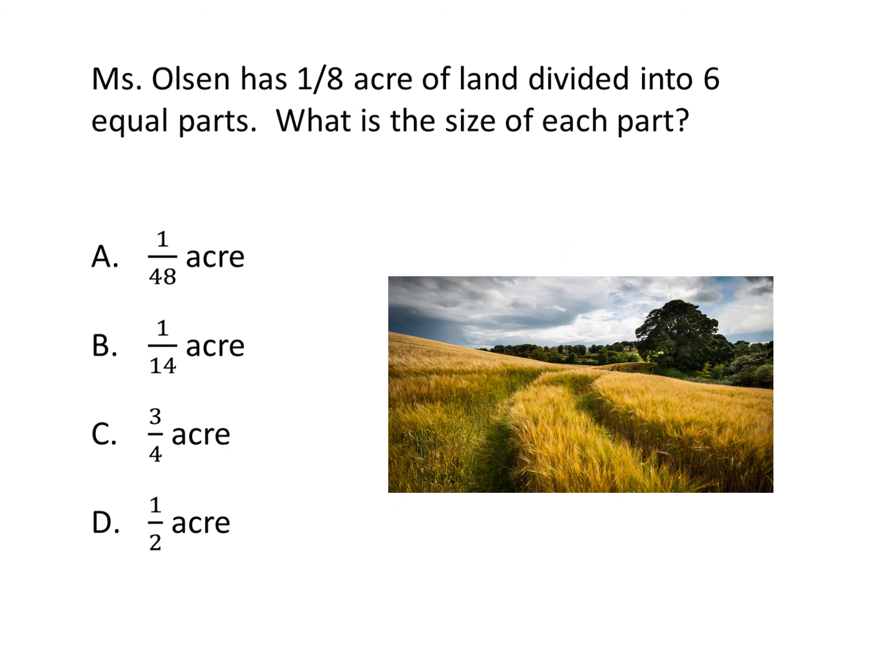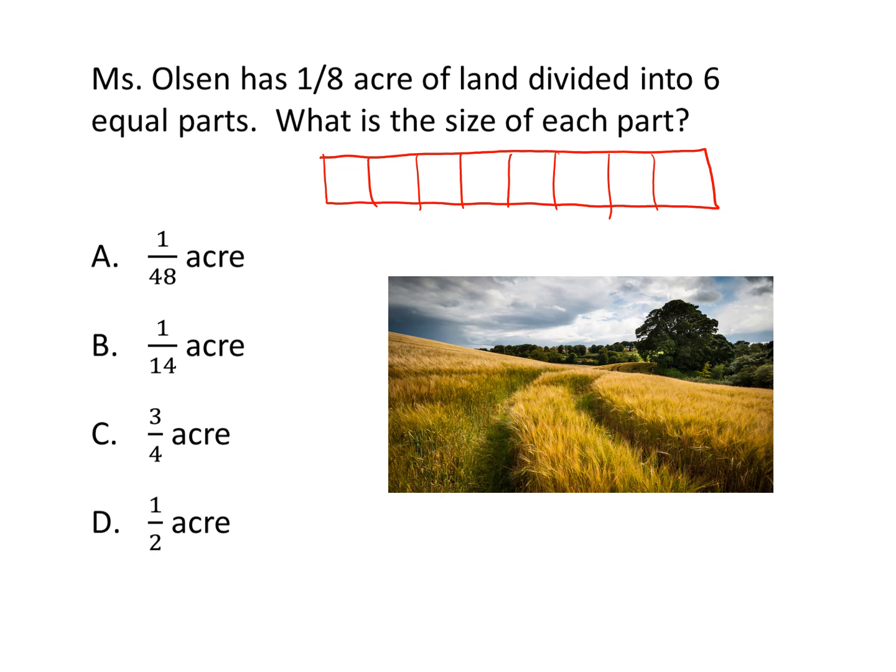All right, last question. Miss Olson has 1/8 acre of land divided into 6 equal parts. So I model one-eighth of an acre of land and divide it into 6 equal pieces. And then what size is each part? So 1/8 divided into 6.